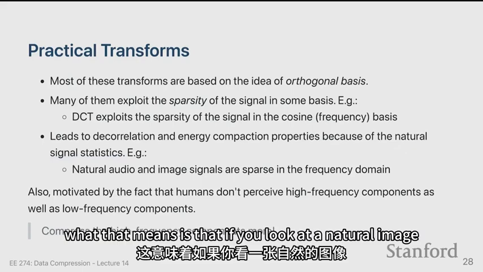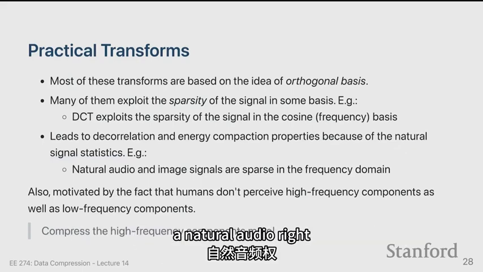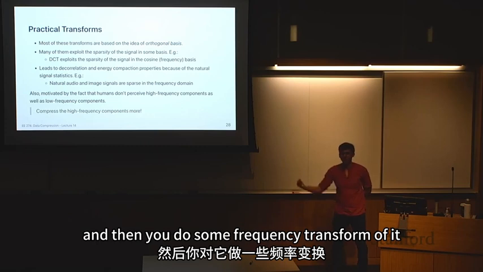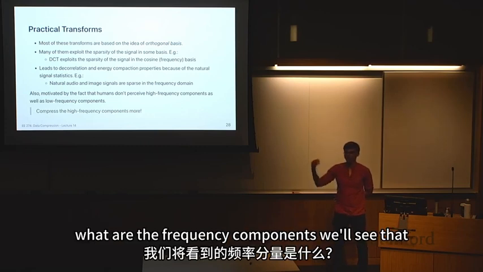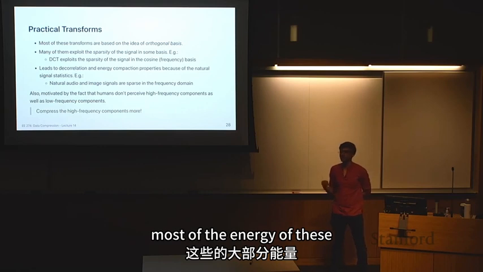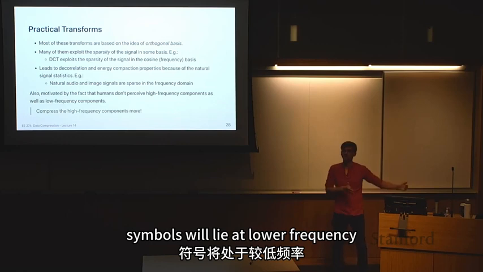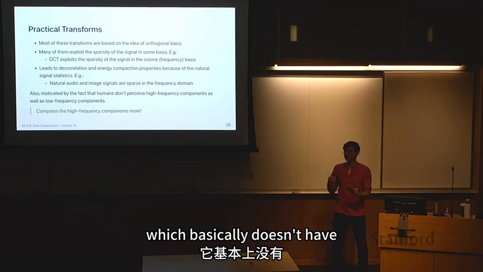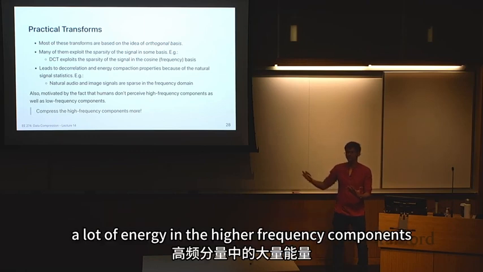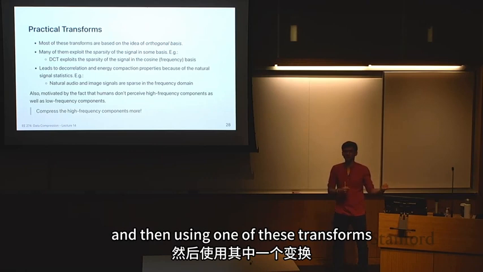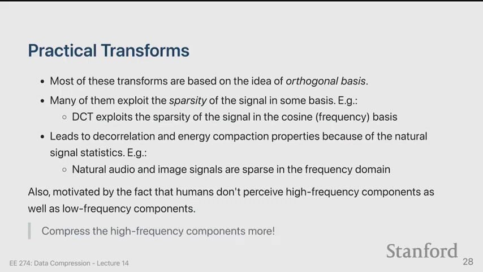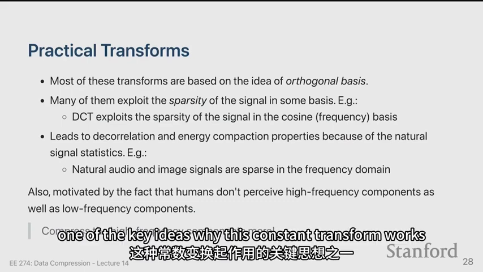What that means is that if you look at a natural image, a natural audio, whatever image I'm seeing here, a natural video, and you do some frequency transform of it and try to see what the frequency components are, you'll see that most of the energy of these symbols will lie at lower frequency compared to higher frequency, right? So you have this natural content which doesn't have a lot of energy in the higher frequency components. And then using one of these transforms, you can exploit that, essentially. Okay, so this is really one of the key ideas why this transform works.